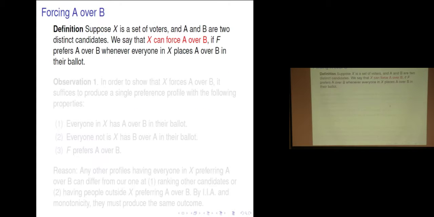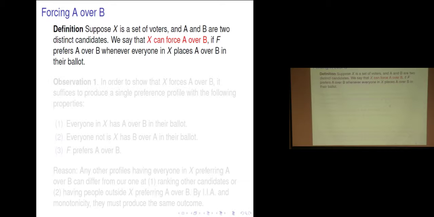So the first definition I want to introduce is this. Suppose X is a set of voters. Just you have lots of voters. So for example, in Singapore election, every Singaporean is a voter.